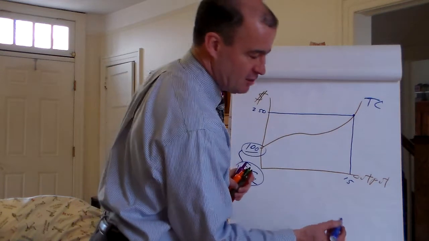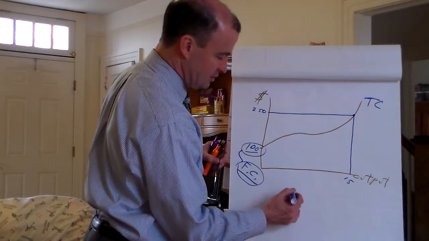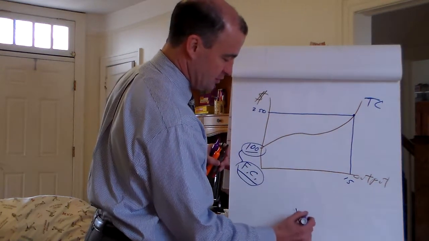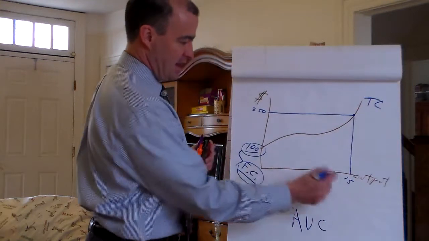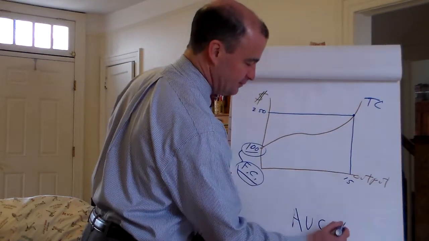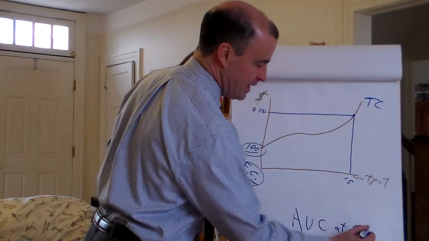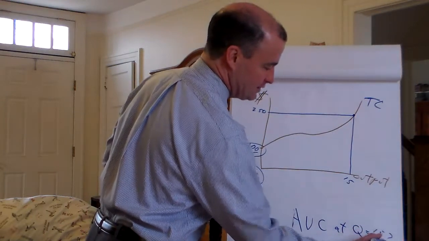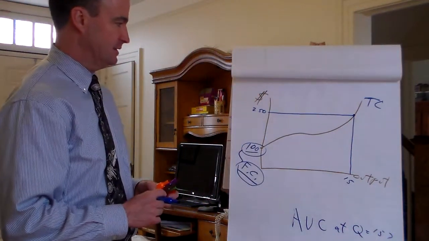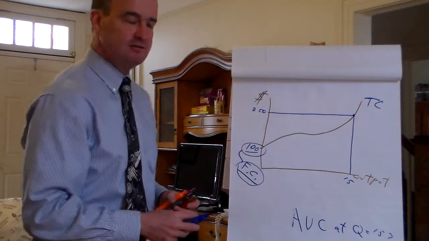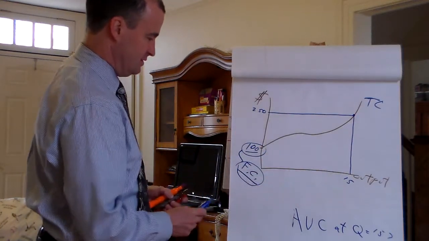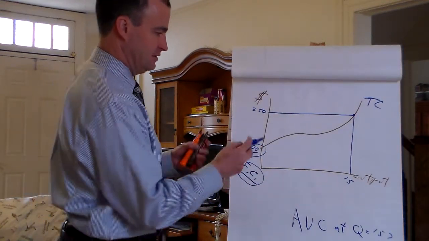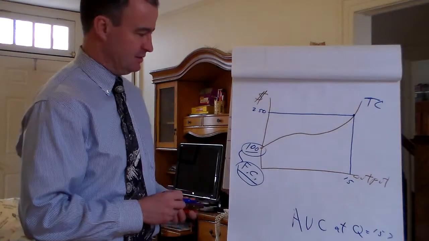The question says, what is the average variable cost at Q equals 15? At output 15. What is that? We got a total cost curve, 15 output, fixed cost. How do you interpret all this?